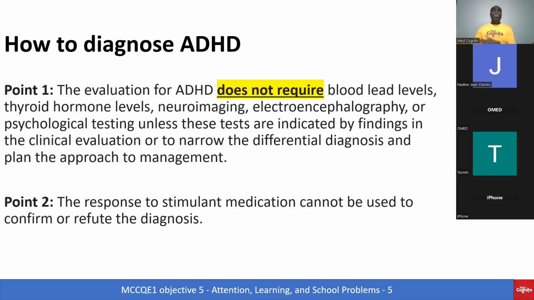The only time you use those is when it looks like this is more than ADHD and therefore I need to do further evaluation. But in reality, board exam standard, medical school level exam for QE1, you don't need any specific investigation to help you confirm ADHD. ADHD is a clinical diagnosis.